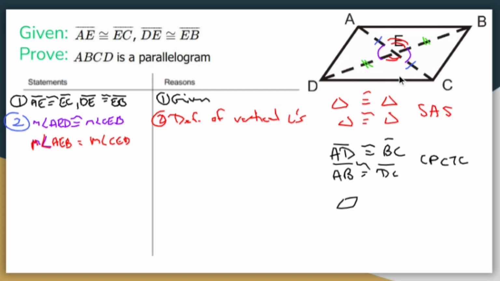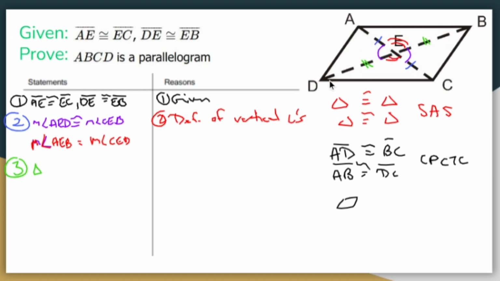Now that I said that, a side angle side matches up with a side angle side. So I can explain that the triangles are congruent, and we have to be careful with the order that we put this in. I'm going to go blue, angle, blue, purple, green.